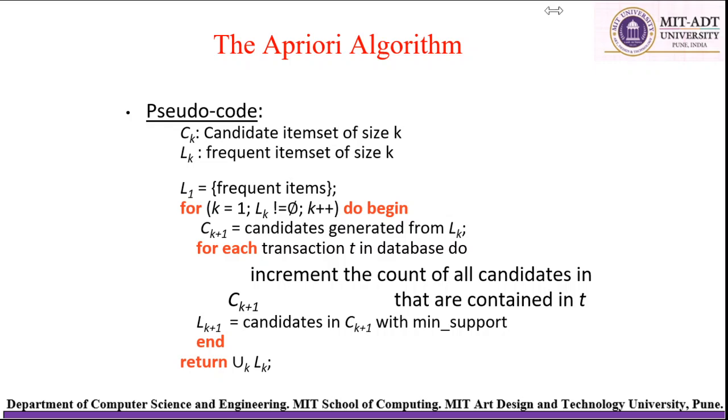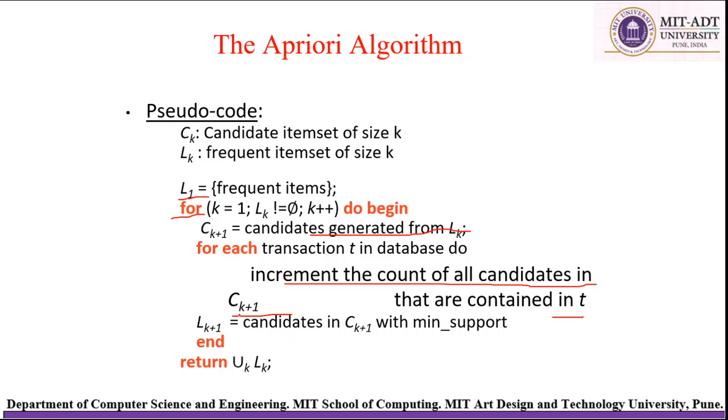The frequent item sets are represented with Lk. We'll start with the one frequent item set L1. We'll have the iterations. First, candidates are generated from Lk. For each transaction T in the database, we'll increment the count of all the candidates in Ck plus 1 that are contained in the transaction T.